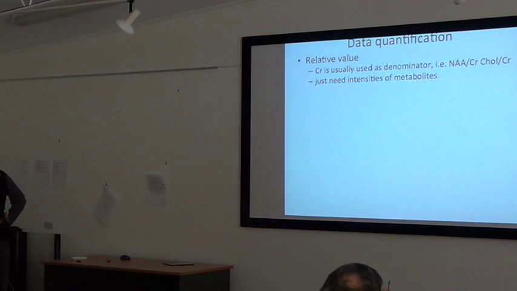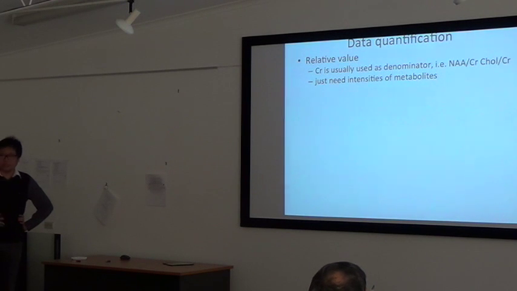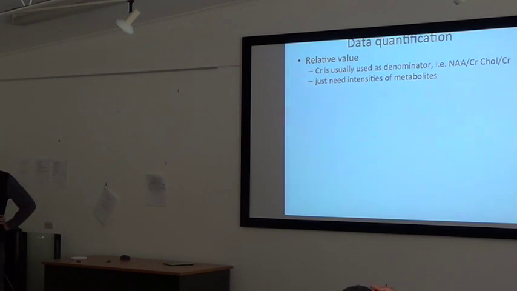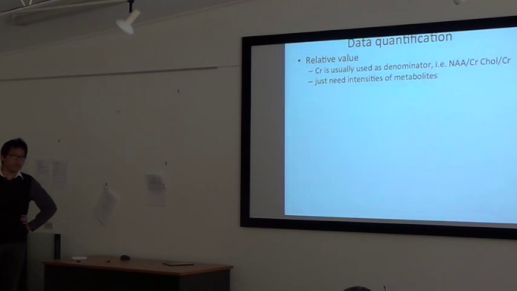Now, talking about data quantification, which is how we measure how big our little dwarfs are. The first approach we usually use is relative values. Because creatine is stable, it is usually used as a denominator. So in your publication, you can just talk about NAA over creatine or choline over creatine, and that should usually be fine.